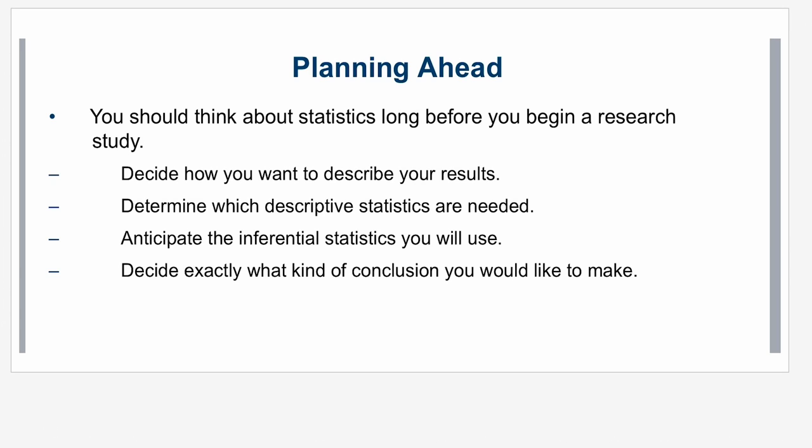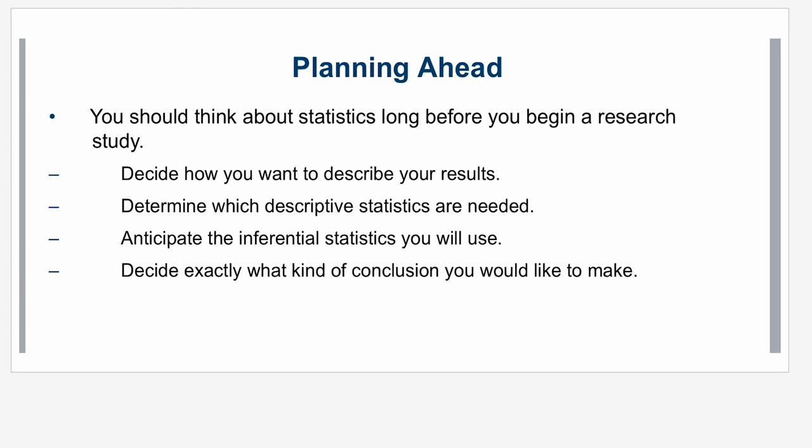Because, for example, if you want to say the average of something, which is a descriptive statistic, you're going to need numerical data. So you can't only collect verbal data if you're going to want to calculate an average of something. You have to have that numerical data. So that would play into how you design your study, right? What kind of measurements you take if you need that numerical data.